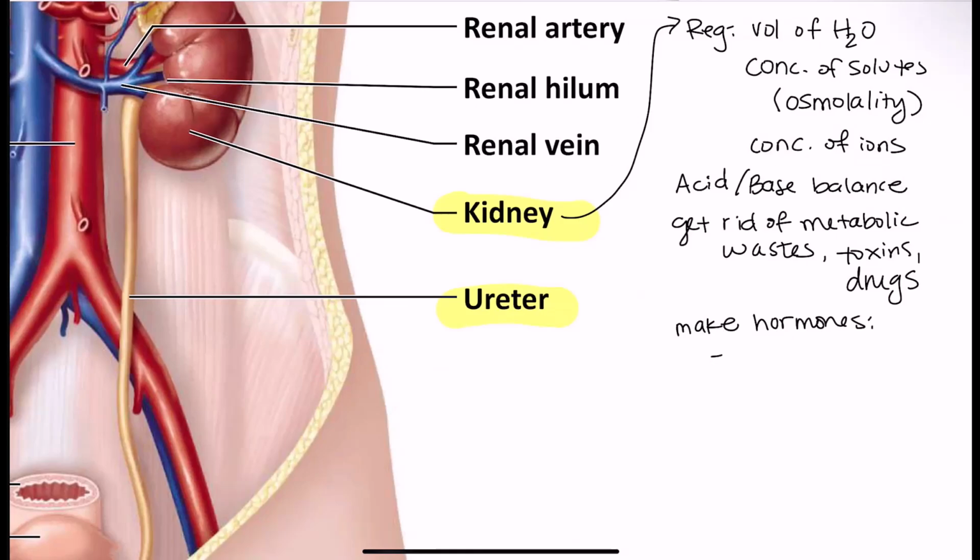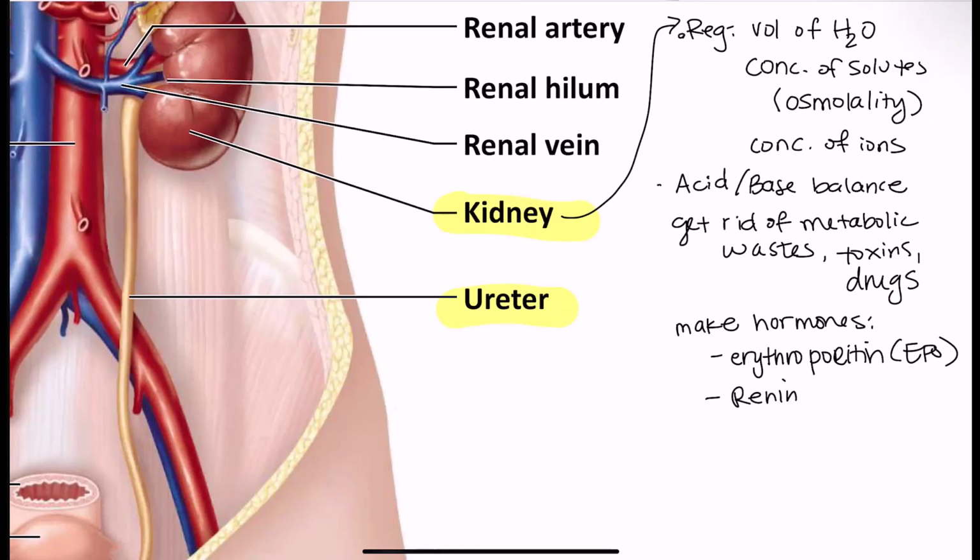There's two. There's erythropoietin. That's the one we called EPO. It aids in red blood cell formation. And also renin, which plays a role in blood pressure regulation, which we talked about in the cardiovascular system.